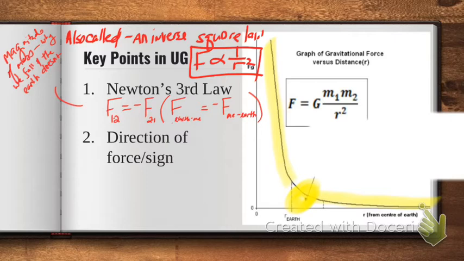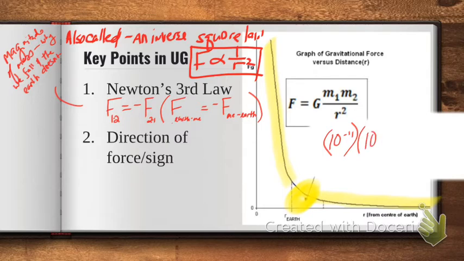We're going to do a magnitude check right here. We're going to look at the times 10 to the portion of these values. So G is times 10 to the negative 11th, which is really super duper tiny.